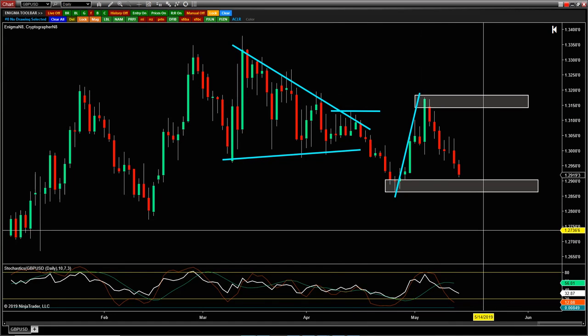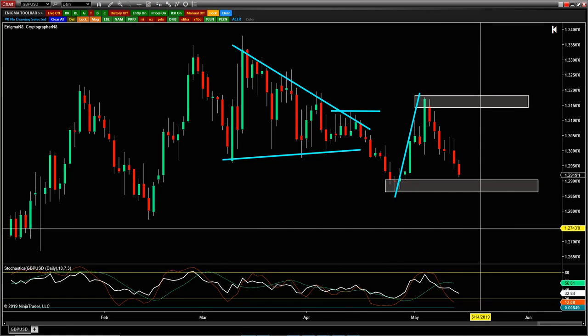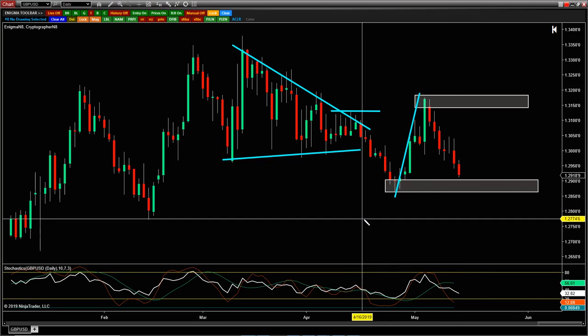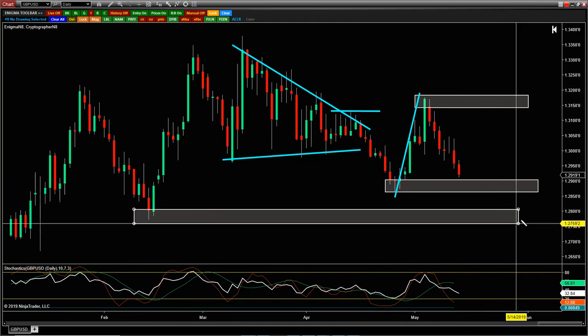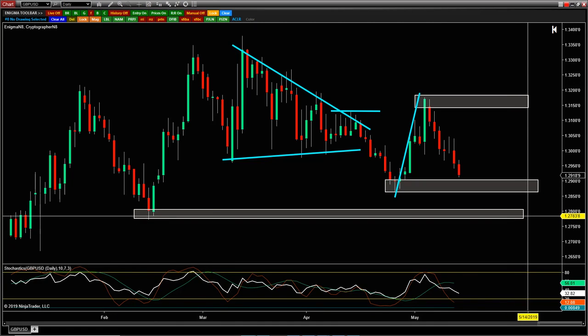And then we're coming all the way back down. So we're running into a previous level of structure support right around the $1.29 level. However, something to pay attention to is that we have another level of structure support right below that as well. Here on the daily, it's about $1.28. So it's a fair distance away.